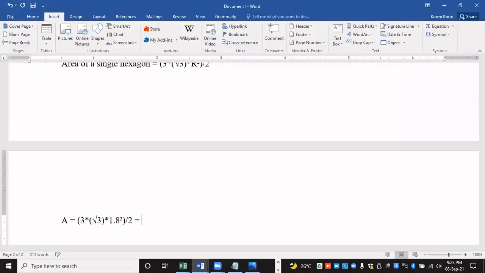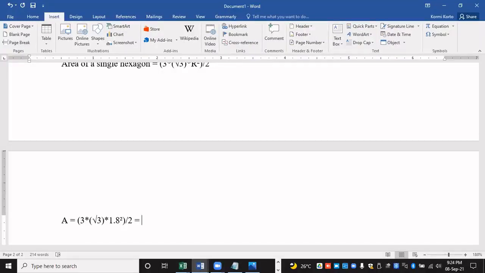So now let's plug into a calculator and see what we can come up with. I got 3 times the square root of 3 times 1.8 squared. That gave me 16.83, divided by 2.